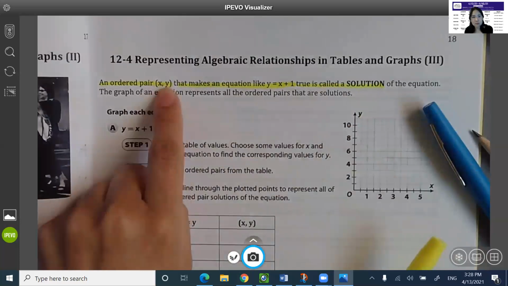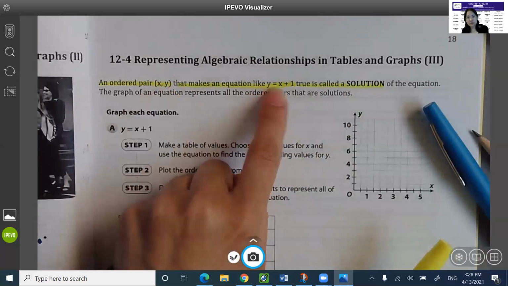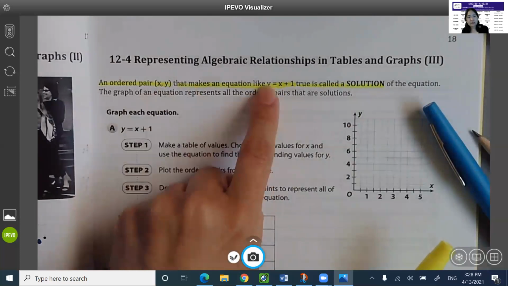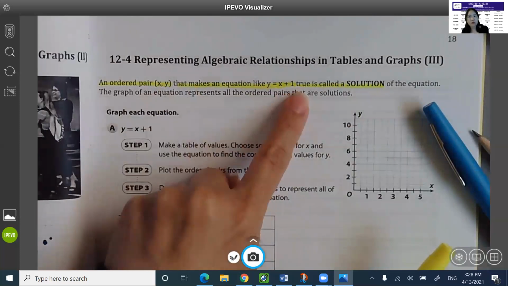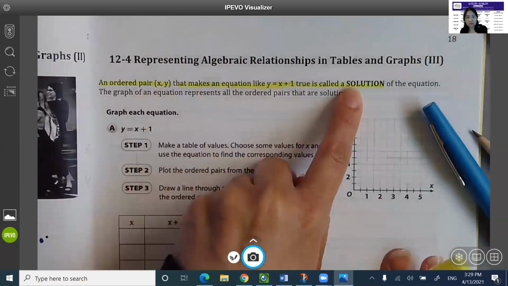You know how xy gives you a point, okay? This ordered pair, when you plug in the numbers for x and y and you get a true equation, like y equals x plus 1, those values work out to be equal to each other, it's called a solution of the equation, okay?